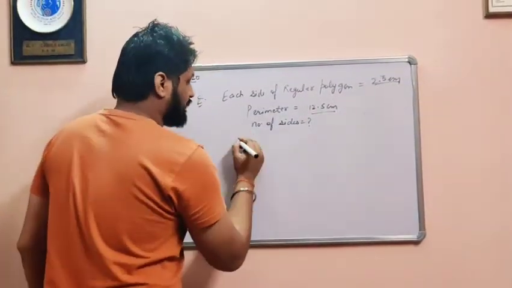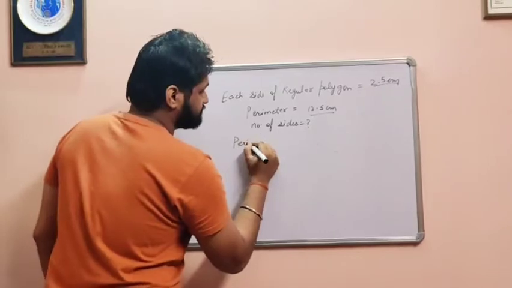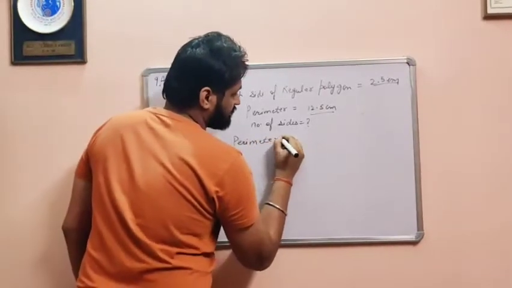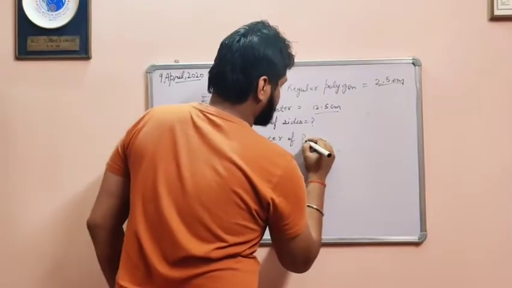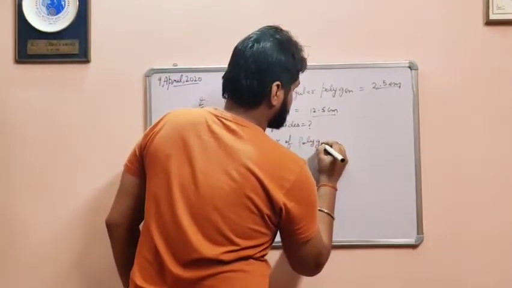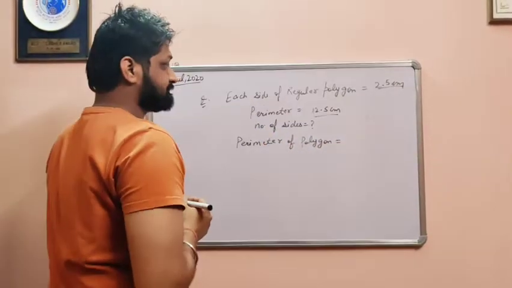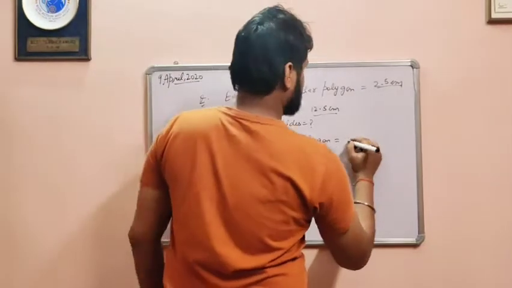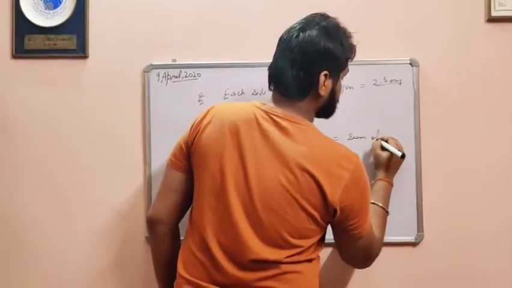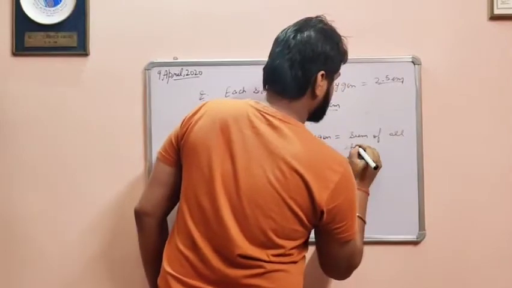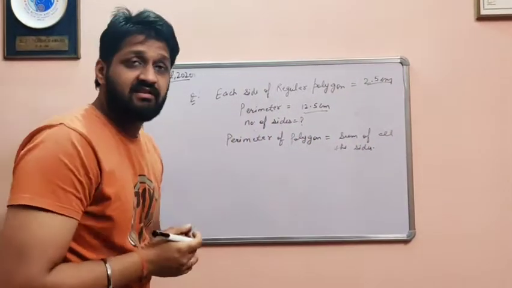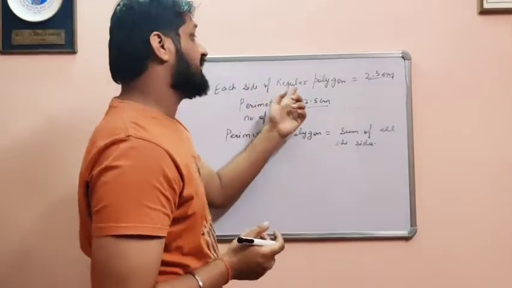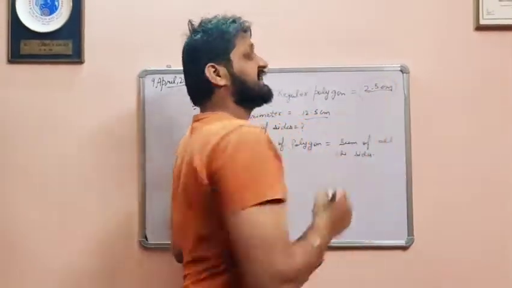So now let's see the formula. Perimeter of polygon is equal to sum of all the sides, and we do not know how many sides are there, and each side of regular polygon is 2.5 centimeter.